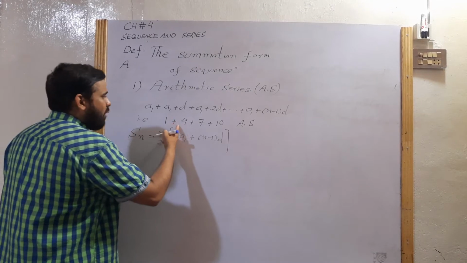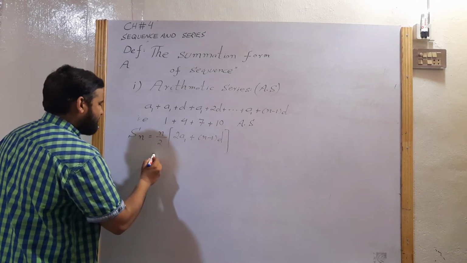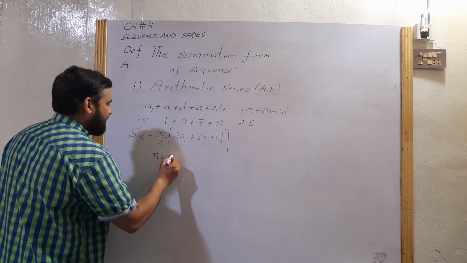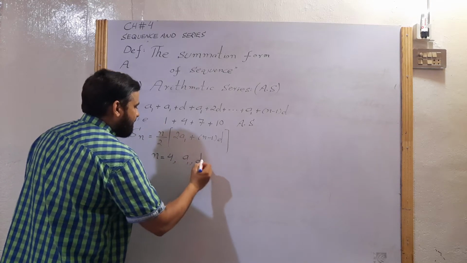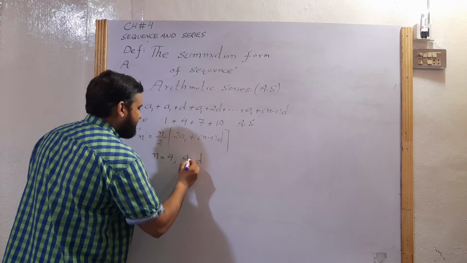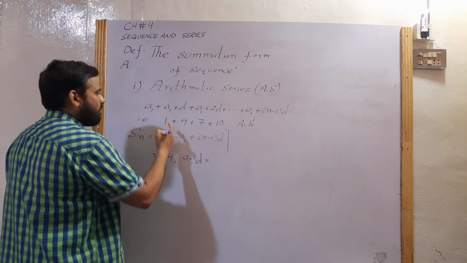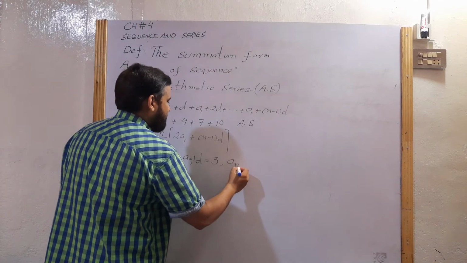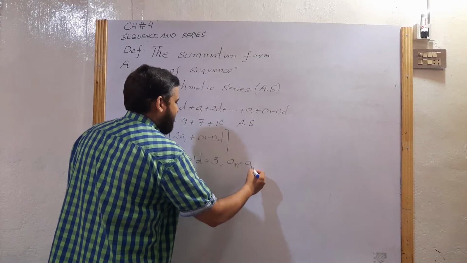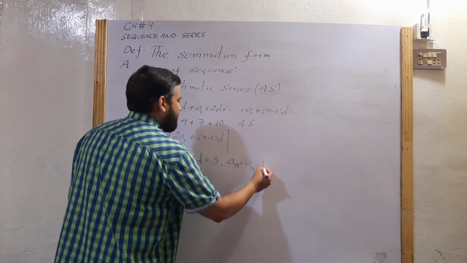In this case, how many terms are there? The number of terms is 4, so n is 4, the first term is 1, and the common difference is 4 minus 1, which is 3. The last term, a4, is equal to 10.